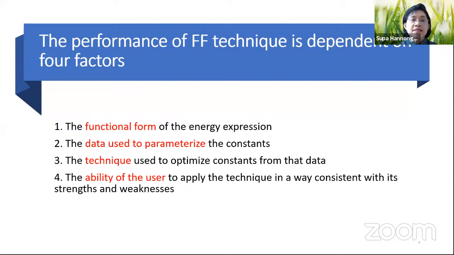And the next is the ability of the user to apply this technique in a way that is consistent with its strengths and weaknesses. So the user, like us, we are chemists. We would like to do some experiments in the lab, but at the same time, we would like to predict the properties of the molecules based on computer modeling.